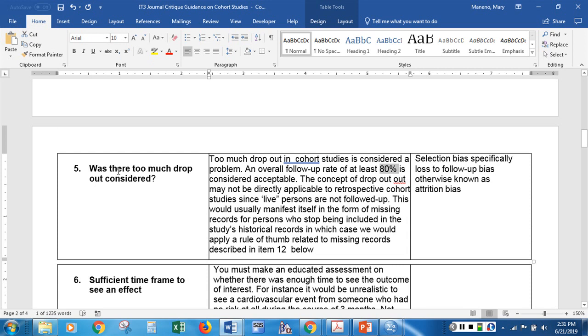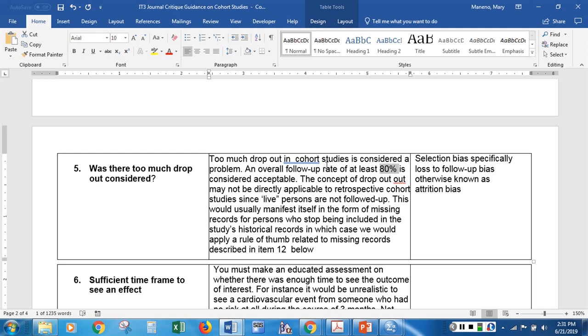So the point about dropout is more applicable to prospective studies, because that's when people drop out of studies physically, since you're recruiting live human beings. Whenever dropout happens at a threshold that's more than 20%, or as some studies argue more than 30%, you can use either. There's no document that says this is definite.